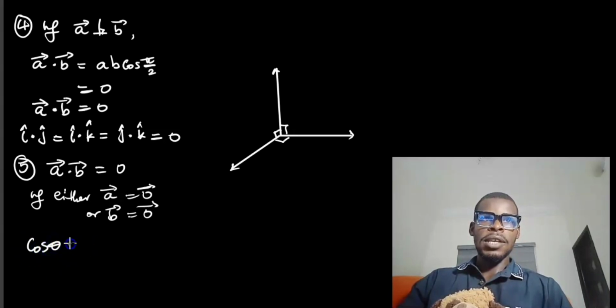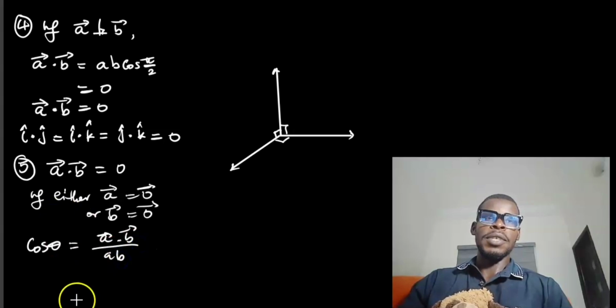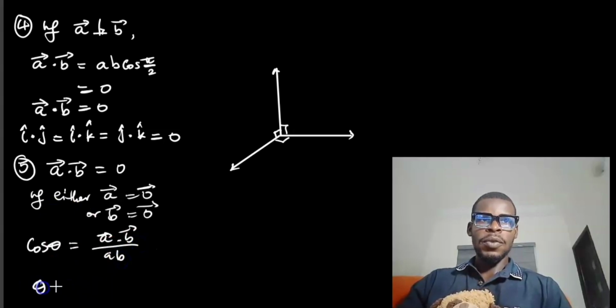We could say cosine of theta is the dot product of those two vectors divided by the product of their lengths. That is from the definition which we just spelled out. And from here we could take the cosine inverse of both sides to get out the angle.